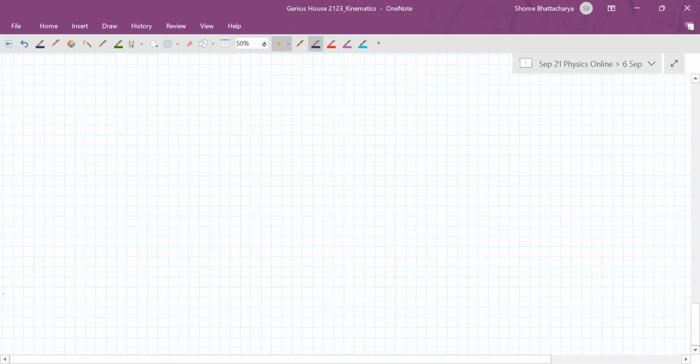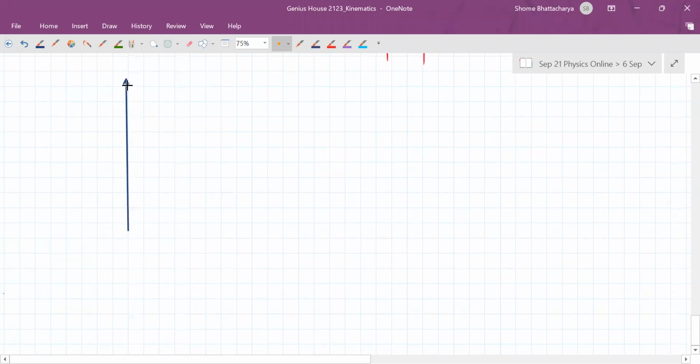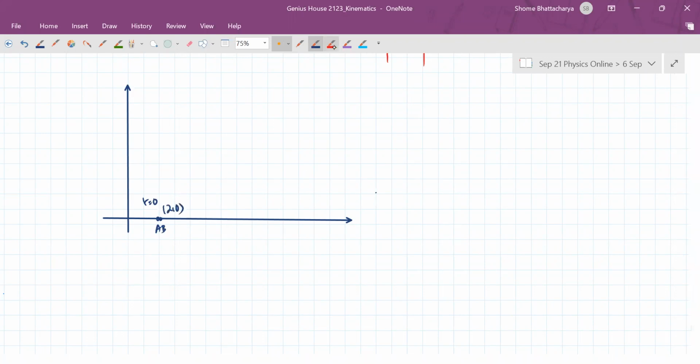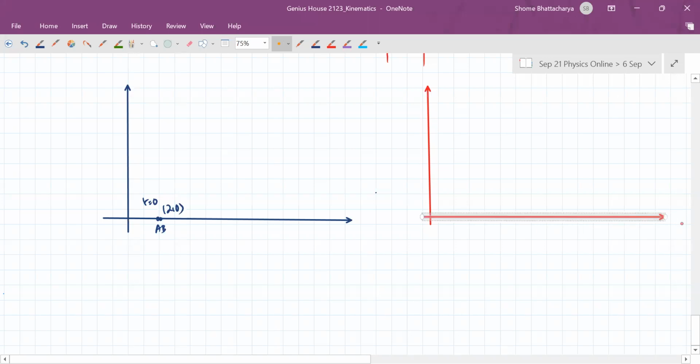Here let's compare the two pictures. Initially at t equal to 0, say both A and B are at the same position. But at a later time, B is located here and A is located here.